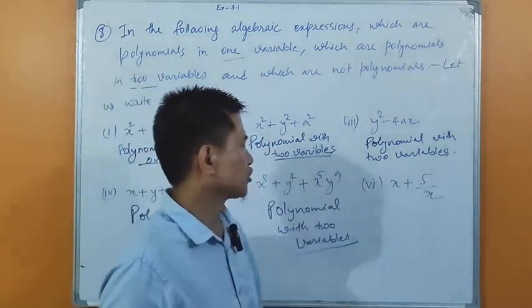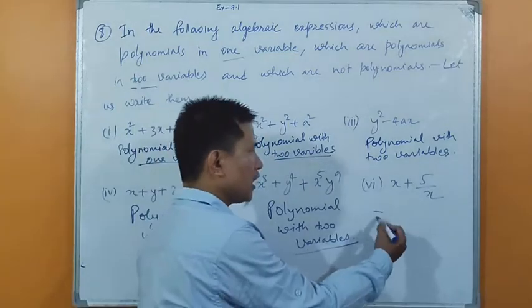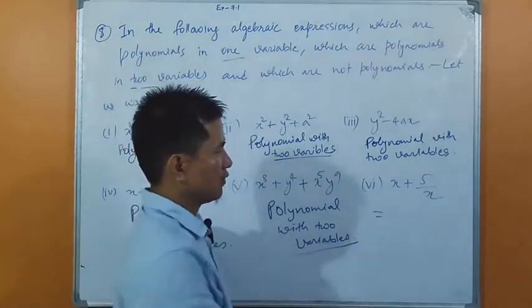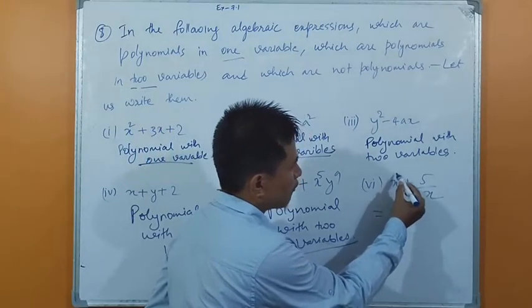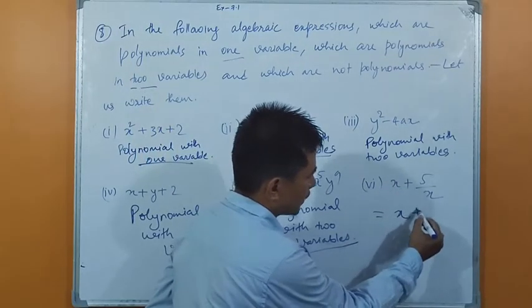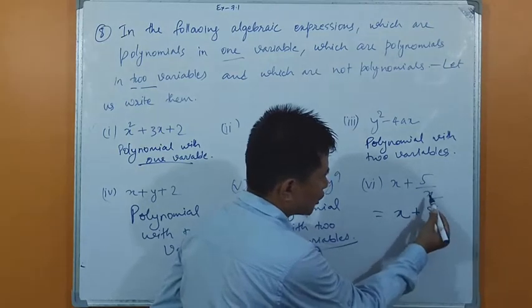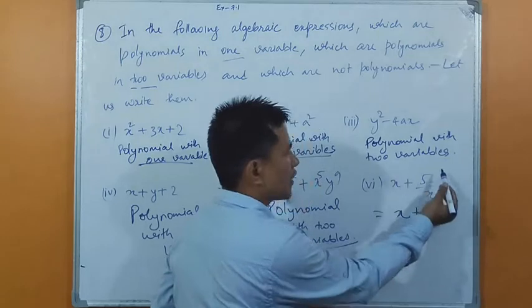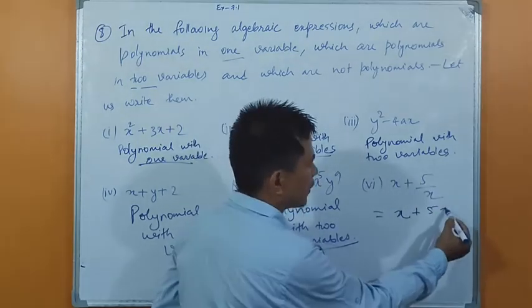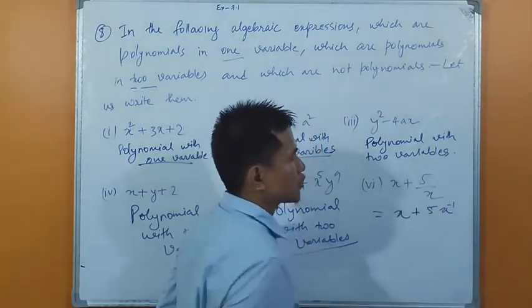Okay, now let's go to question number 6. Here, is this a polynomial? No, this is not a polynomial, because this x has power plus 1, but this number is in the denominator. So when we bring x to the numerator, the power of x changes to minus 1.